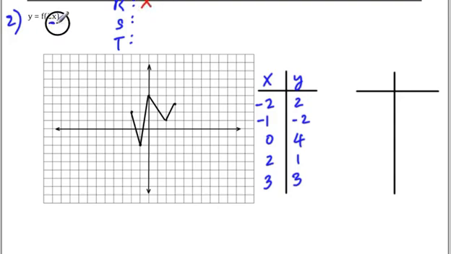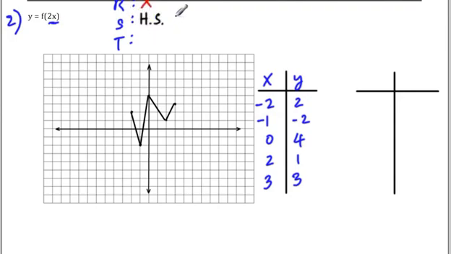Yes, but this time it's inside the argument. And remember, if it's inside the argument, it affects the inputs. Since this is a 2x, remember we called 2 an efficiency factor in class. In order to get the same output, we need only half the amount of input, because 2 times half will give you the same argument. So there is a horizontal stretch.